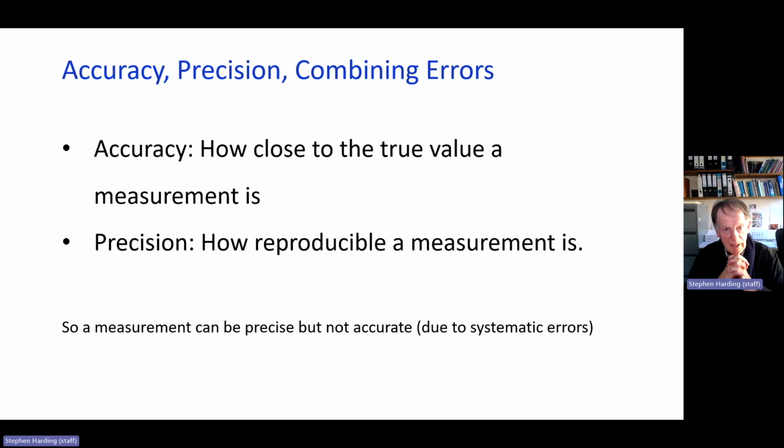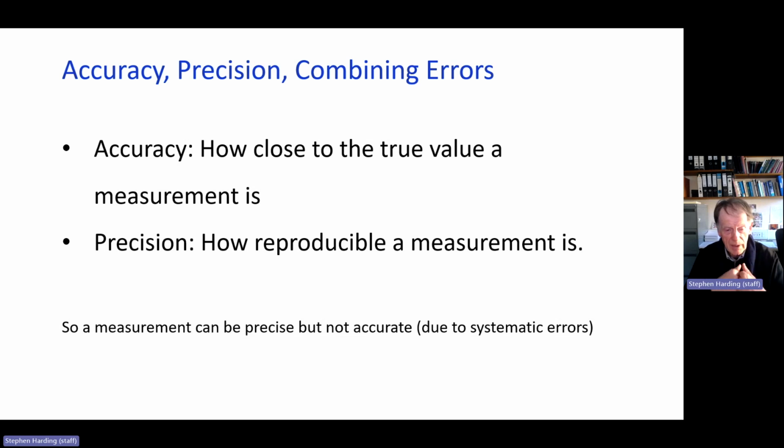Right, so that's accuracy and precision. They're not the same thing. A value can be precise, but not accurate, which is how close to the true value a measurement is. Now consider the case where you make a series of measurements and you want to know whether to accept a particular data point, which looks a little bit out, but you're not sure, or whether to reject it.